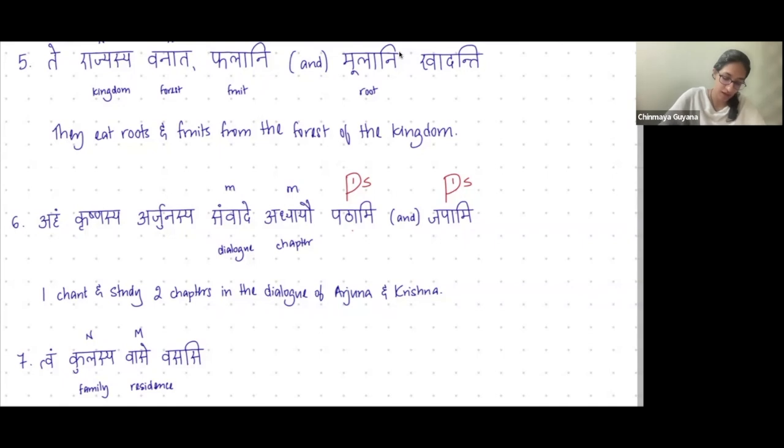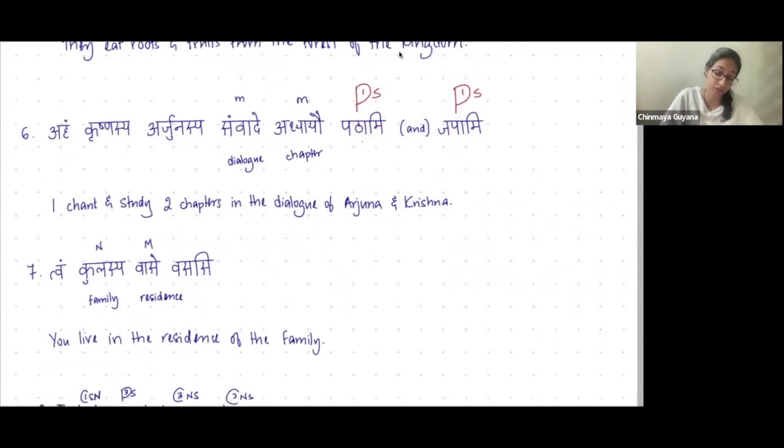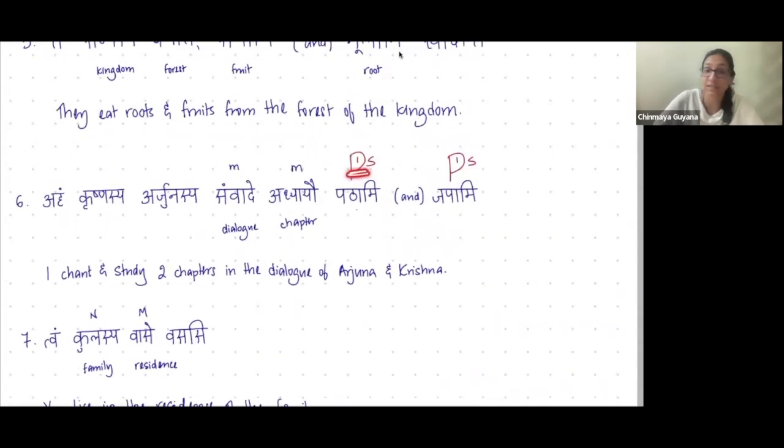Then you look for the subject. What is the subject going to be? Whether the subject is written or not, you're going to know the subject is I, because it is first person. And it so happens that I is also in the sentence. Aham, pathami cha, and japami. I study and chant. So far, so good?